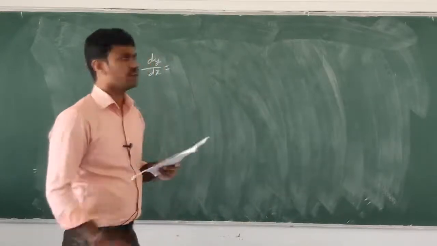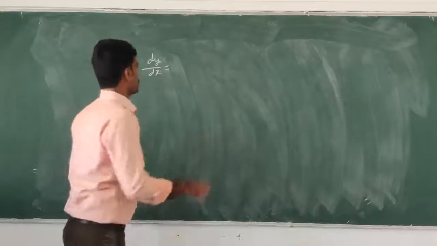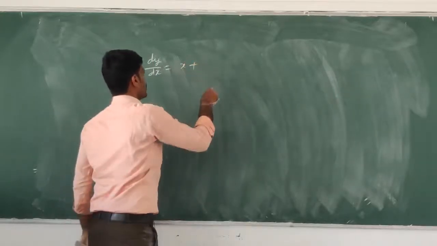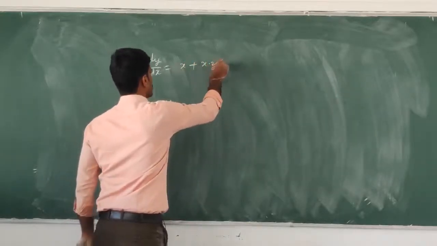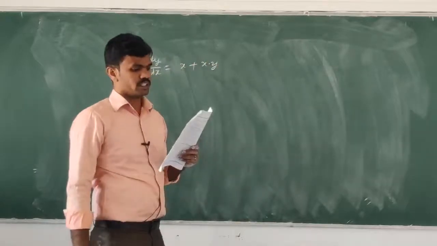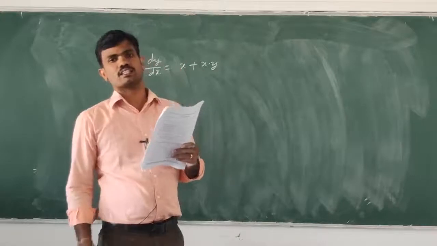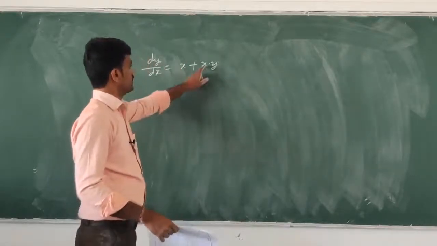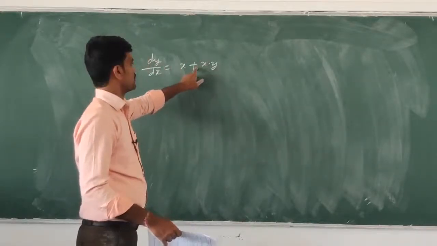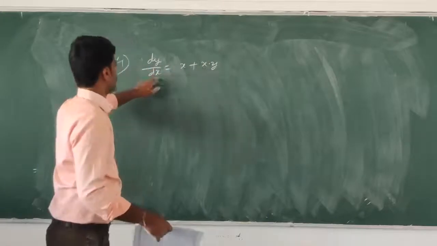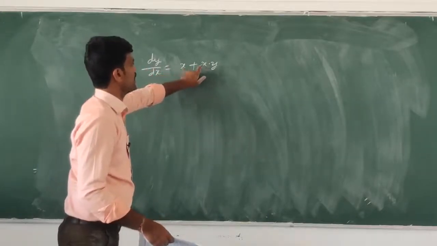So dy/dx is equal to x plus the product of x and y. That is, dy/dx is equal to x plus x into y.